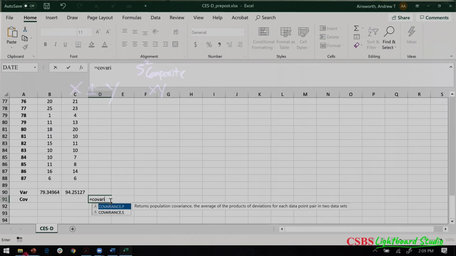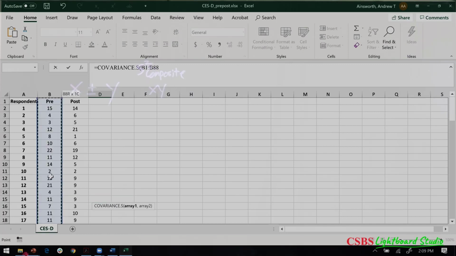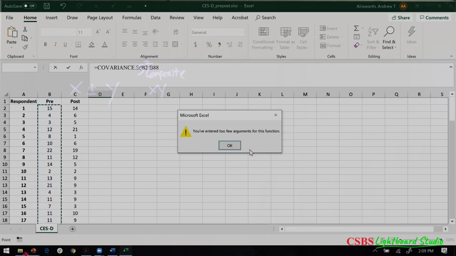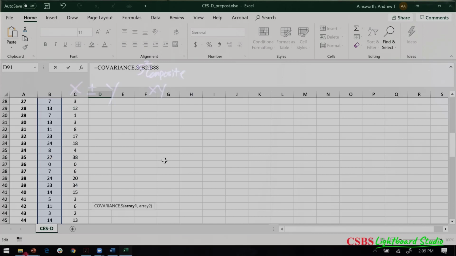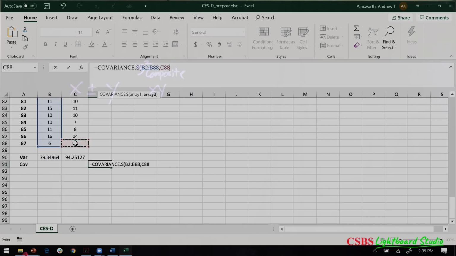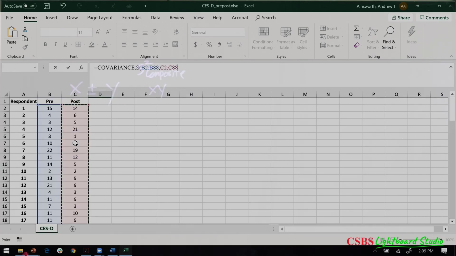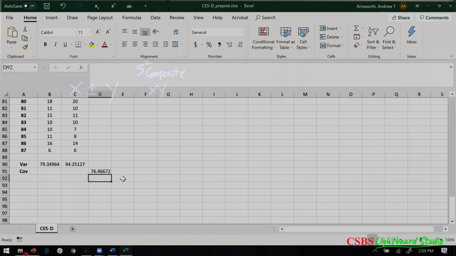I need array 2. All right, so there's the covariance. This is how much variation they share between the two of them.